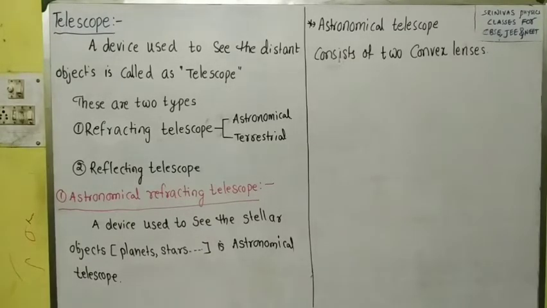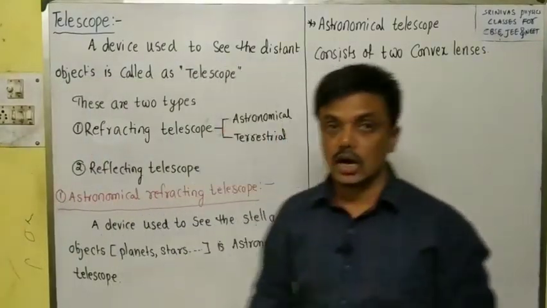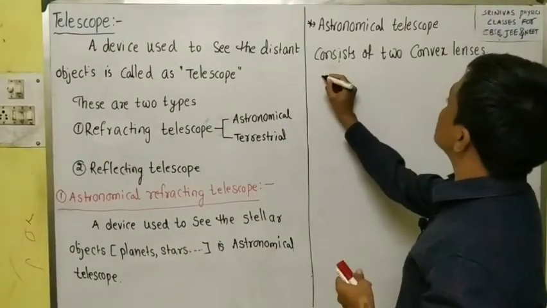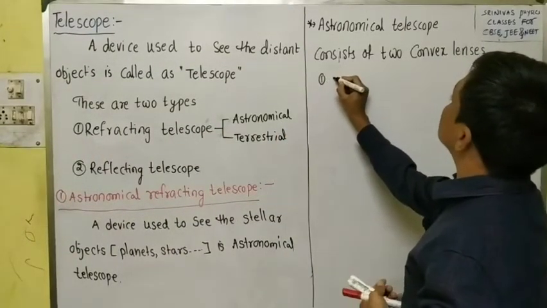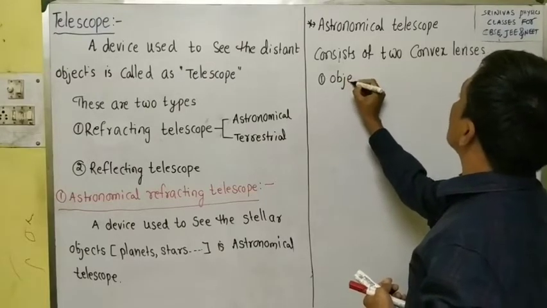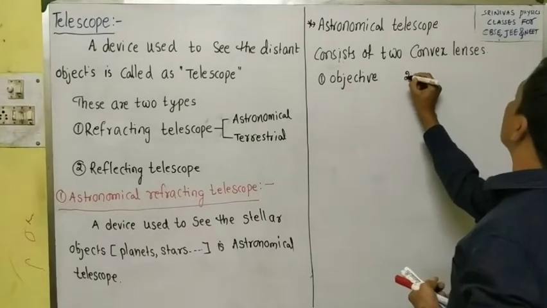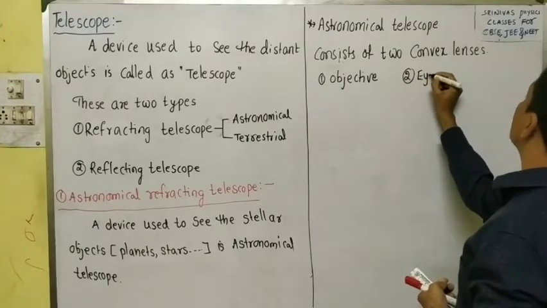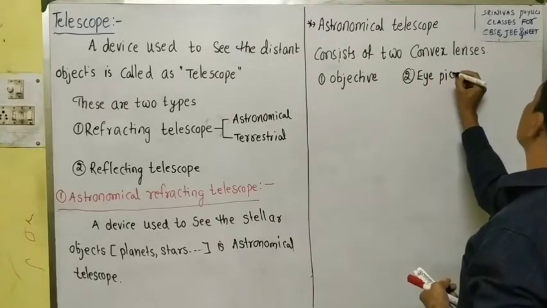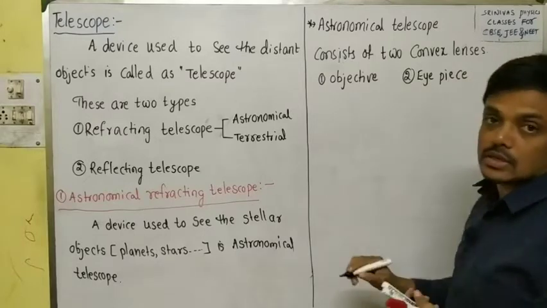One is called the objective and the other one is called the eyepiece. That is, one lens is called the objective lens, and the other one is called the eyepiece. Their names are objective and eyepiece.